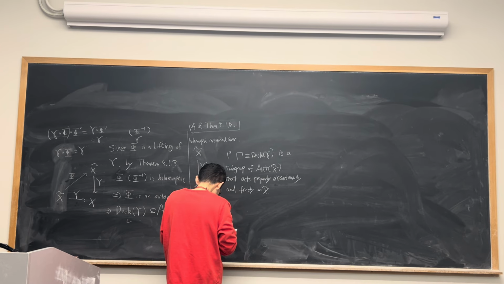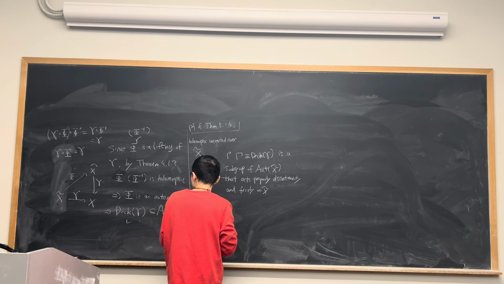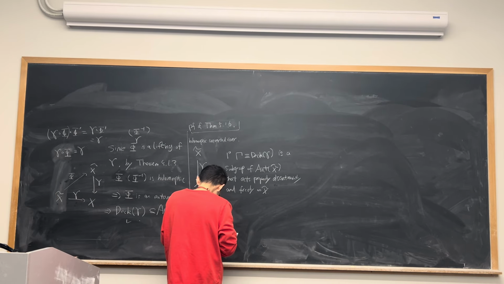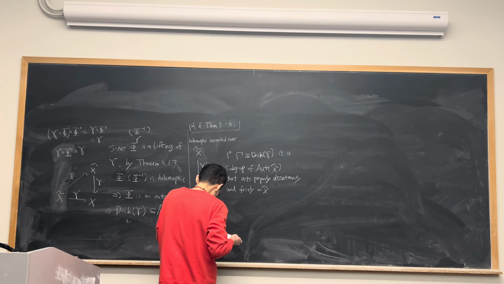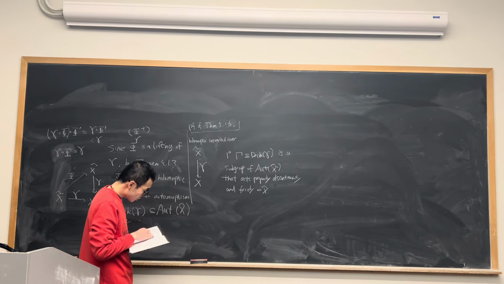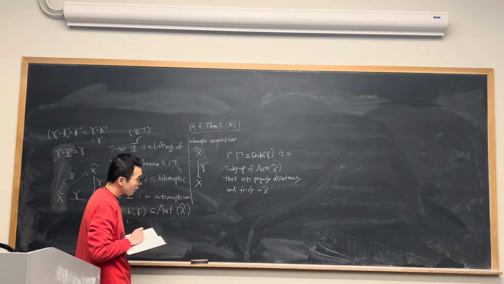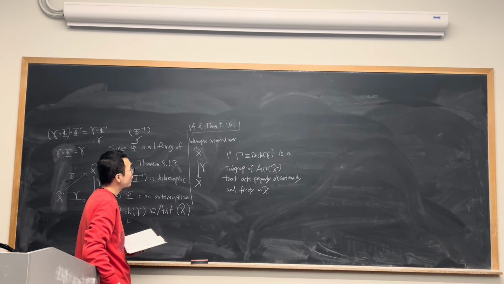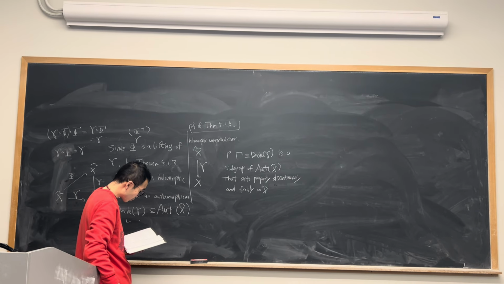But X is a Riemann surface, so therefore it's connected. But why is X locally simply connected?